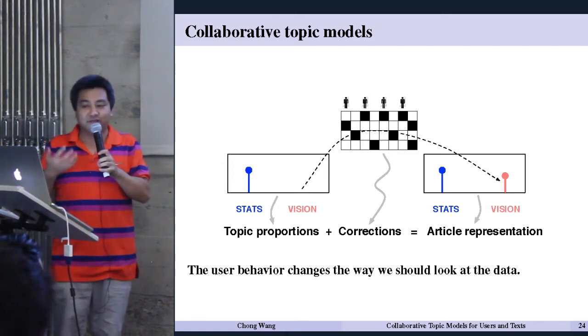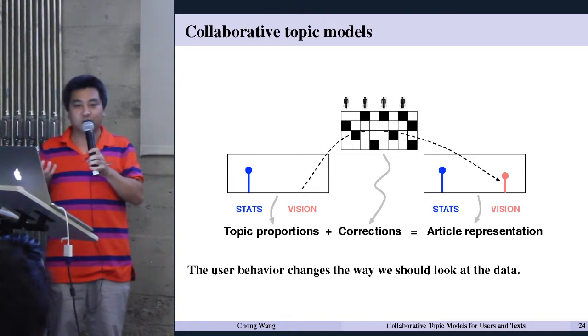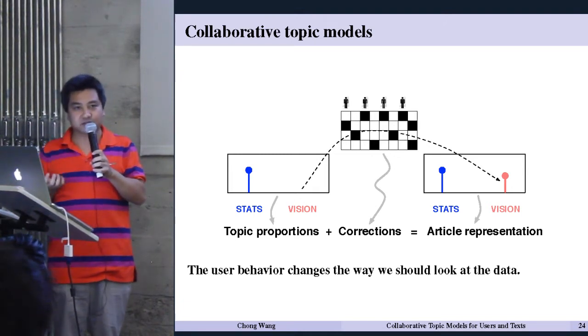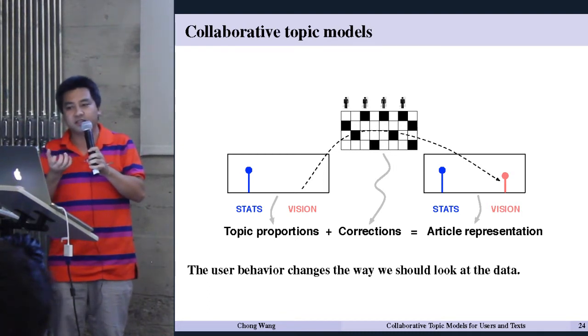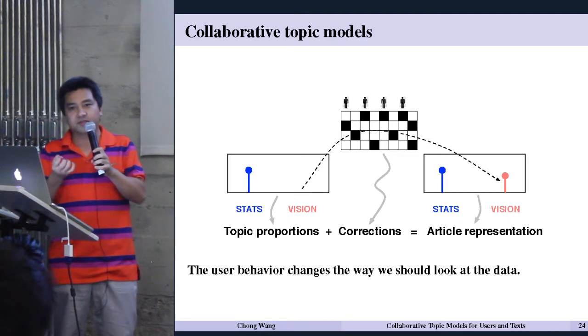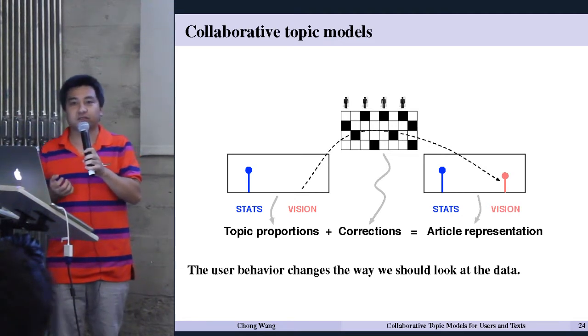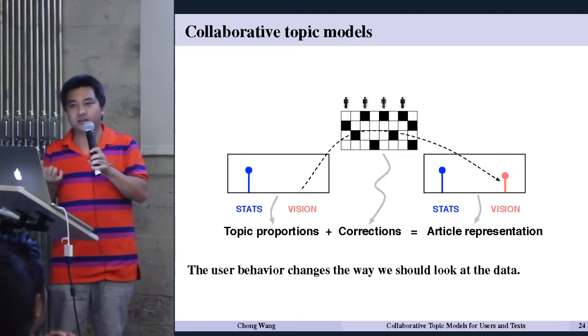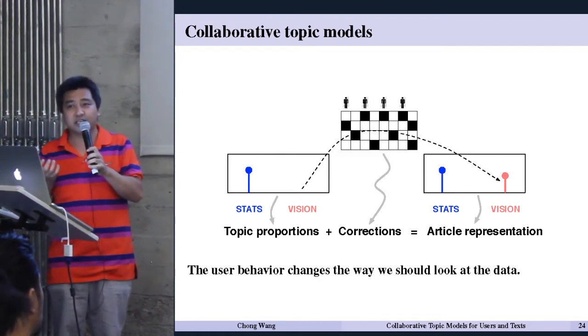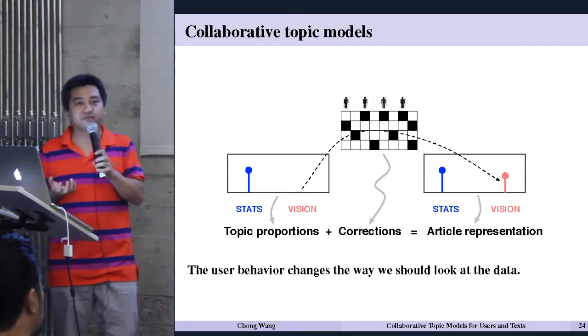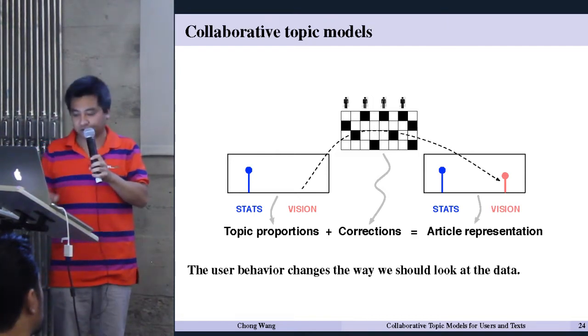So if it's very popular outside its own particular topic, you may see a big correction to account for that. But for some other very popular articles, if it's only within their own particular topic, you won't see a big correction vector. Although the user behavior tells you that you should recommend within this particular topic, because it's already within your content information, there's no need to add a correction.